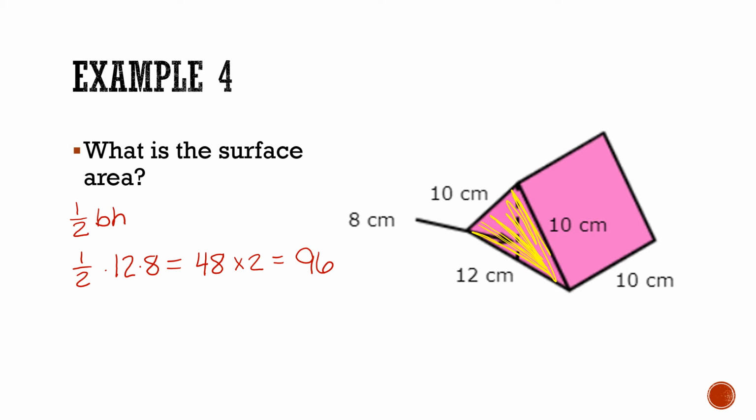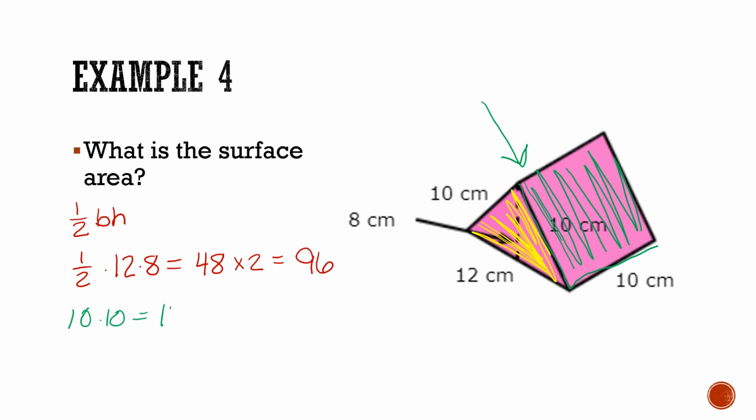Then we need to get this side. Remember, this side will be the same as this side over here. So this side is 10 by 10. Well, 10 times 10 is 100. And there are, again, 2 sides of that size, which would give us 200. And then we still need to get the base.